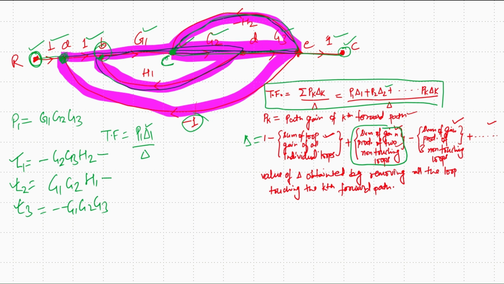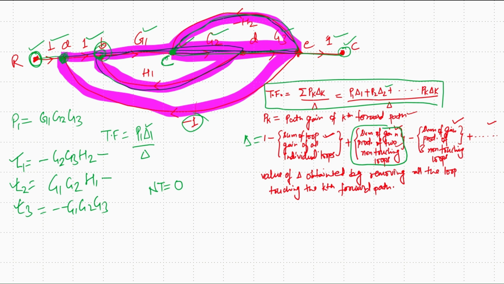Similarly, L2 starts from D and L3 starts from node A, and we have several common nodes like B, C and D. Similarly, L1 and L3 have several common nodes. So there is no non-touching loop, and the gain product of non-touching loops is zero.